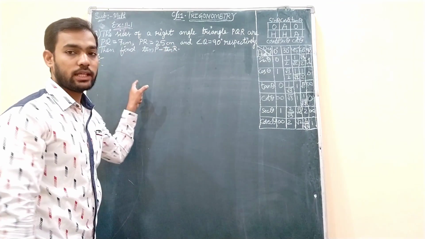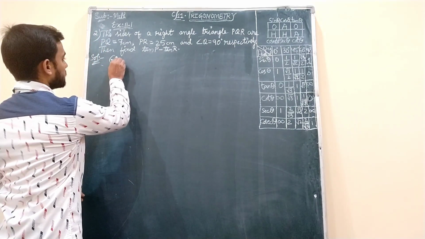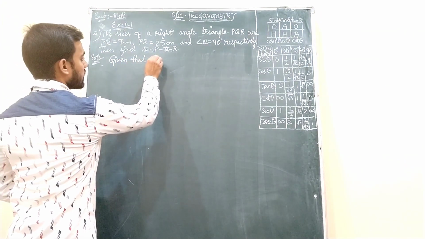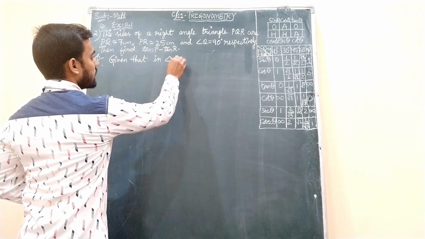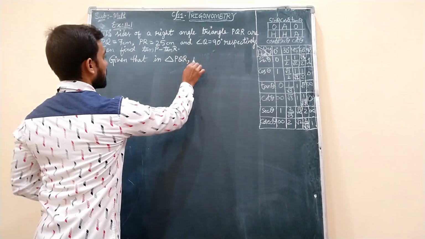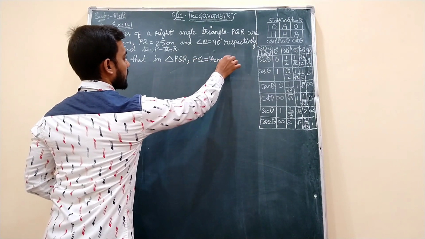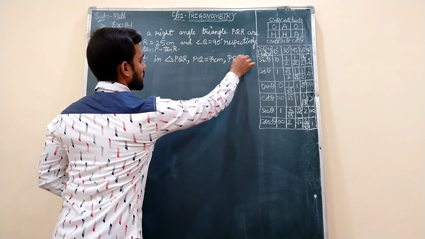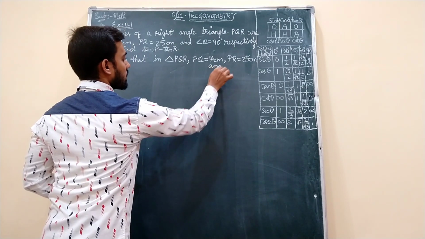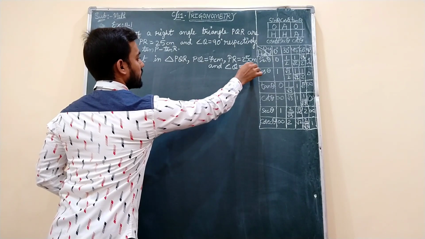Okay. So firstly, we will write whatever is given in our question. Given that, in triangle PQR, PQ is 7 centimeter, PR is 25 centimeter, and one angle is given, that is angle Q is 90 degree.